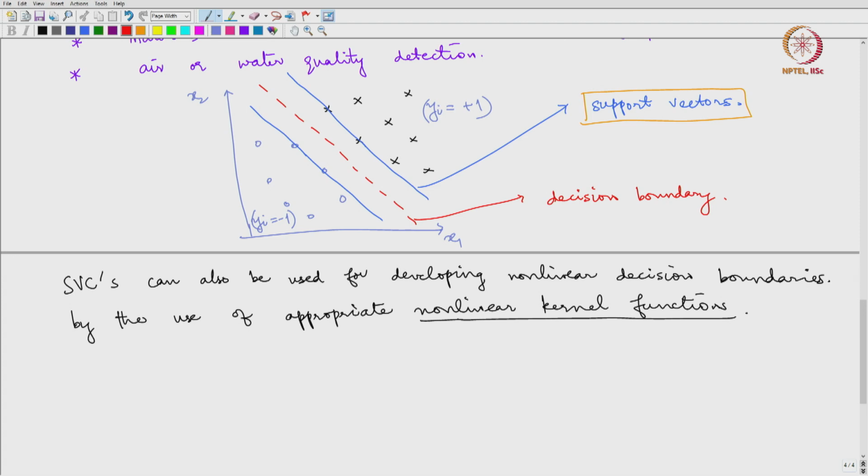Now, you may ask, how does a support vector regressor work, how does an SVR model work. So, let us spend a few minutes understanding that.